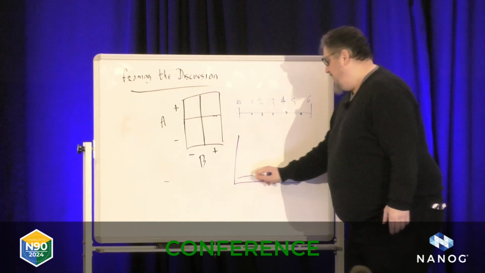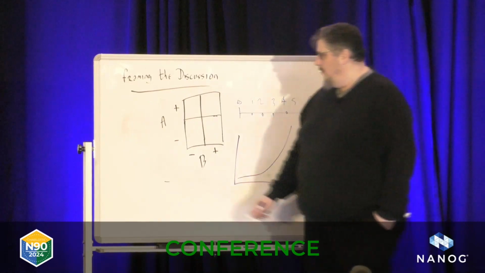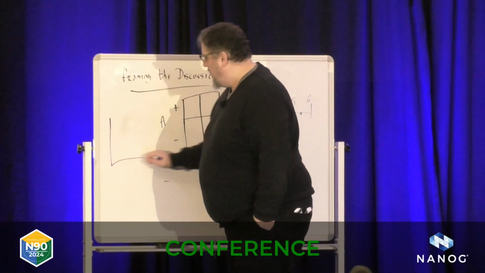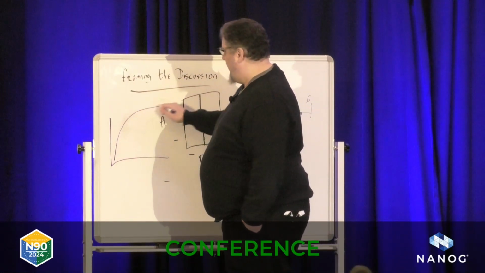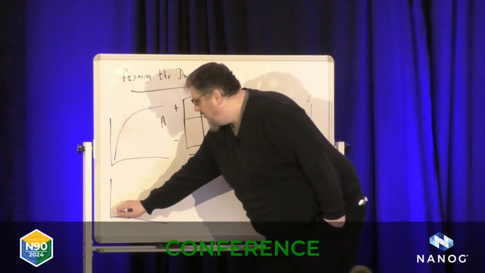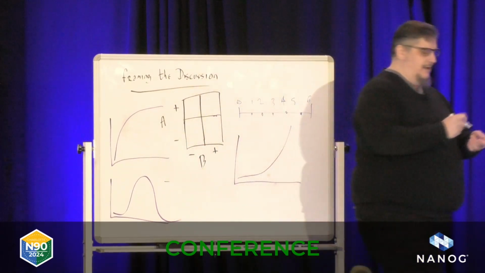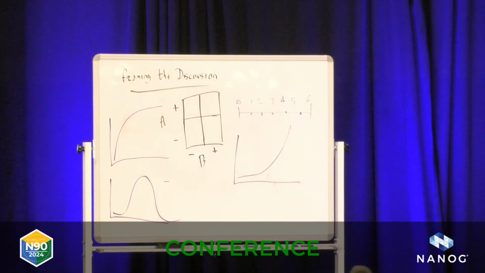Graphs. Everybody's familiar with the startup dreamland hockey stick graph, or the diminishing return asymptote graph, or our favorite, the normal distribution. Each of those, being working professionals in a certain field, means things to you.